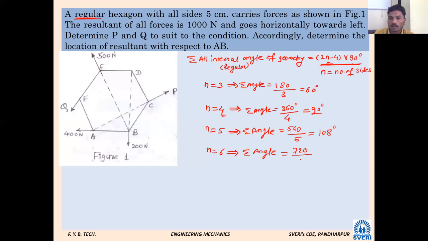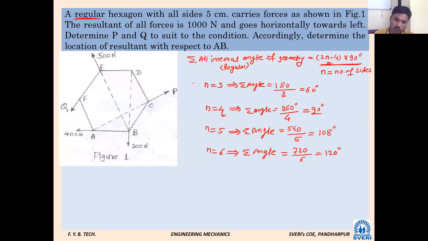Divide by how many sides it has? 6, hexagon. So equal to 120 degrees. Likewise, you can go.